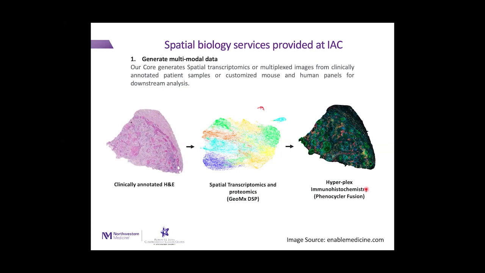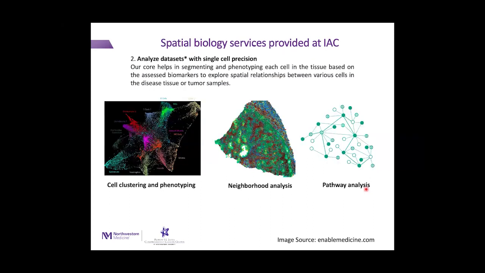exploit our new PhenoCycler Fusion platform, which is a very hyperplex immunohistochemistry. Once we have done those assays, the next step is to analyze the data sets with single cell precision. So our core can help you in segmenting and phenotyping each cell in the tissue based on the assessed biomarkers. And you can explore spatial relationships between these various cells by clustering the cells, phenotyping them, doing neighborhood analysis on them, and pathway analysis.